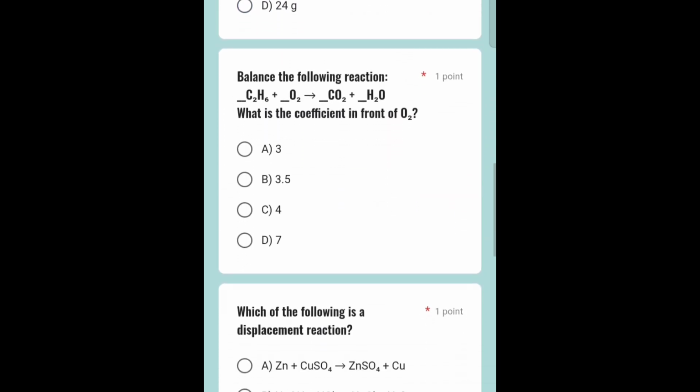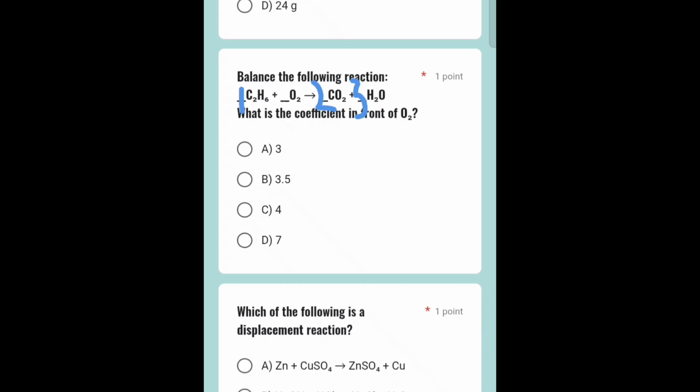Balance the following equation. As you can see, there are two carbon atoms, so we will write 2 here. Carbons are balanced. We write 1 here, and you can see hydrogens are not balanced, so we will write 3 here. Now hydrogens are also balanced, 6 hydrogens on each side, and only oxygen is left.